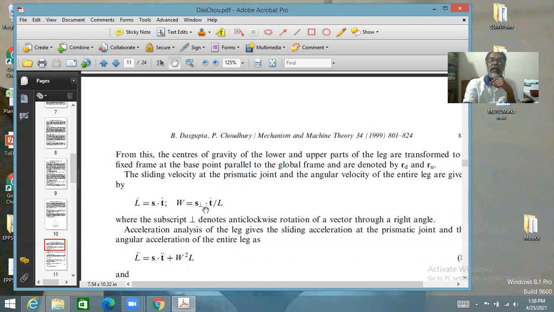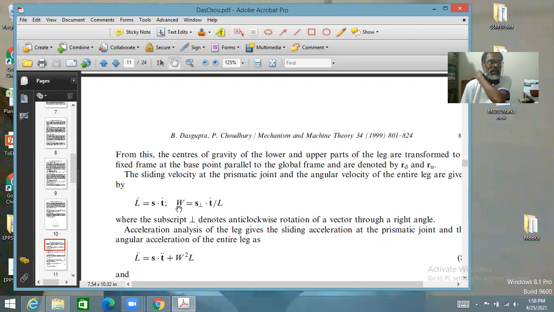you can take its perpendicular component that is perpendicular to the leg, and that perpendicular component of the velocity is actually omega cross L. So omega has been shown with W, because the actual symbol omega we reserve for the angular velocity of the platform when the platform is not a point, because this is just an example. In other examples, the platform can be a body.